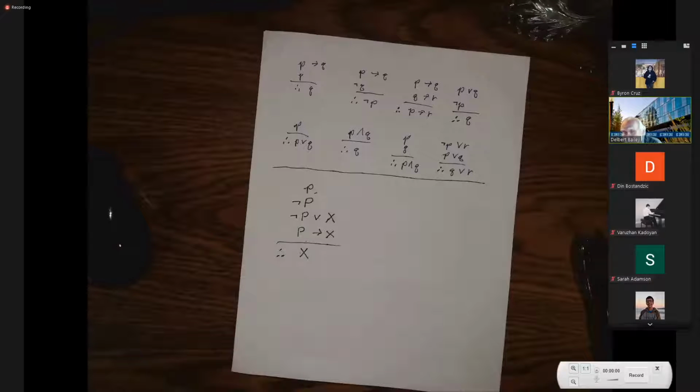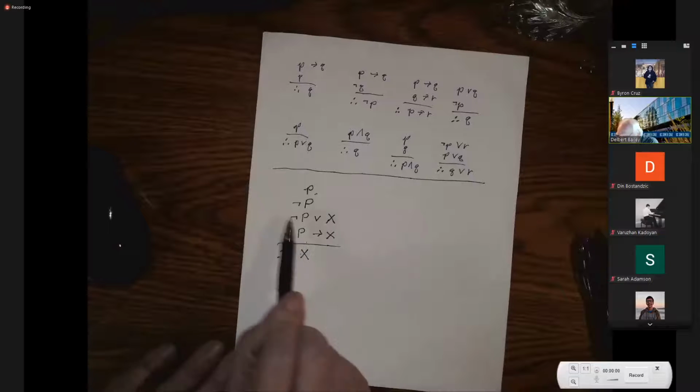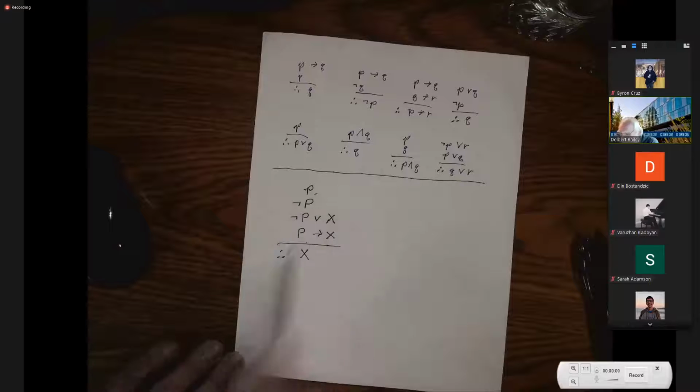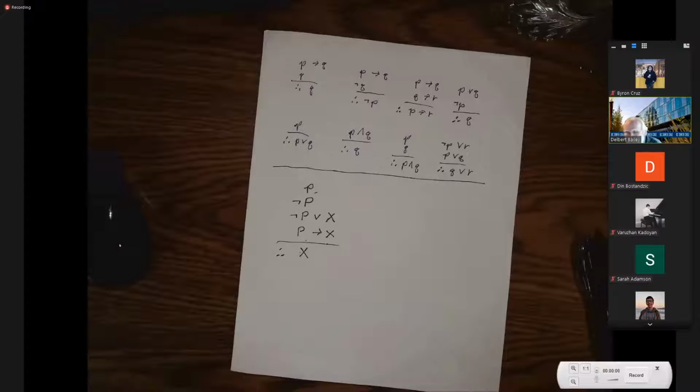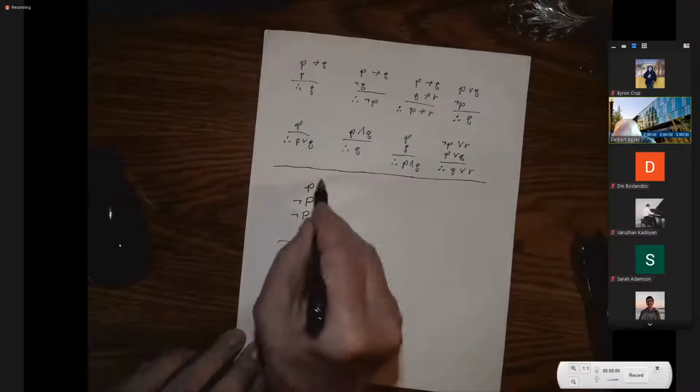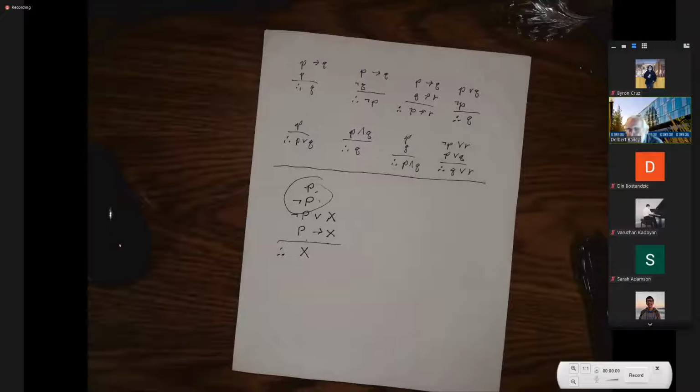So that means it's a contradiction, right? And what did we just show comes from that? That if you have a situation where both P and not P can be true, you can prove anything is true. Anything. That was the problem that Russell's paradox introduced into logic.